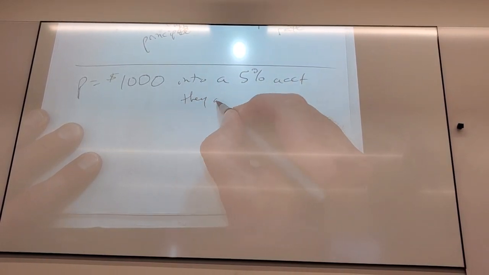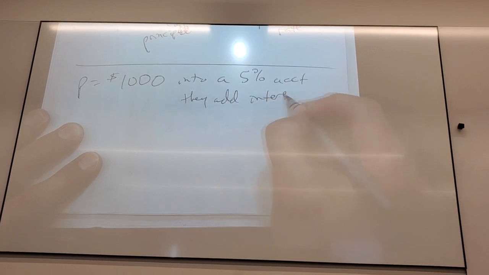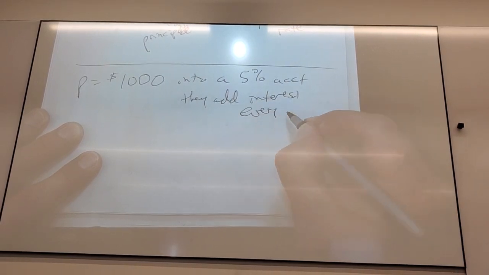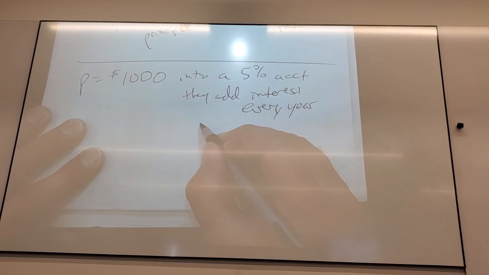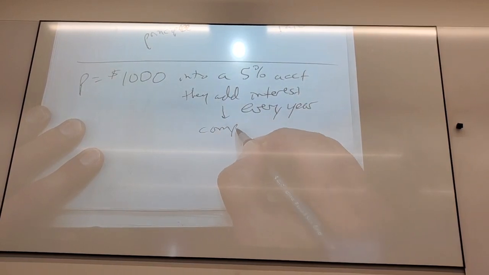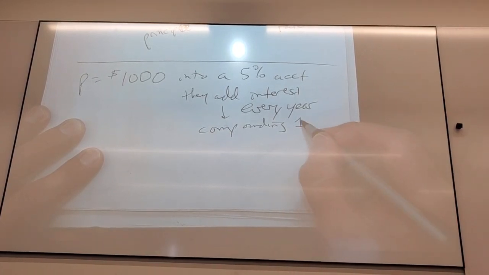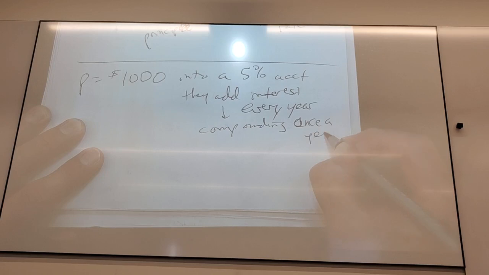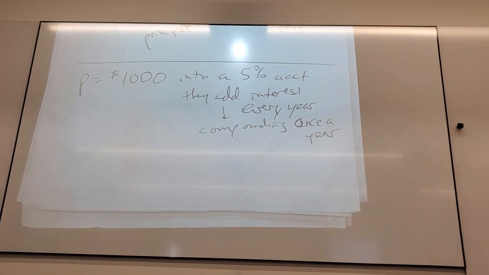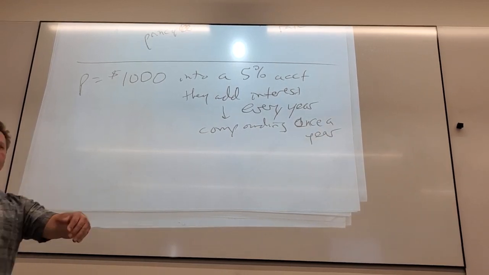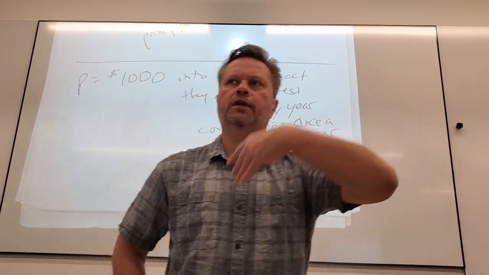They add interest every year. So here's the not so normal English: we call this compounding. So they compound it once a year. All the word compound means is how often do they put interest in.